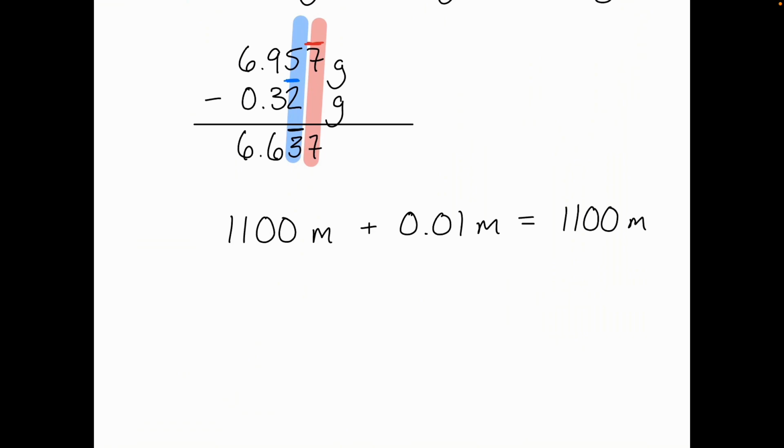So I'm going to take my 1,100. There is no decimal explicitly written in this number, but I know that it's right here, right? That's where the decimal point lives. I'm going to take my 0.01.